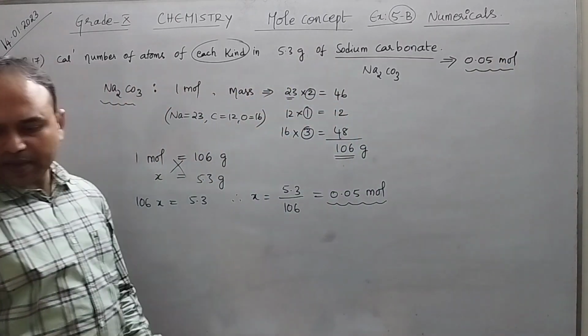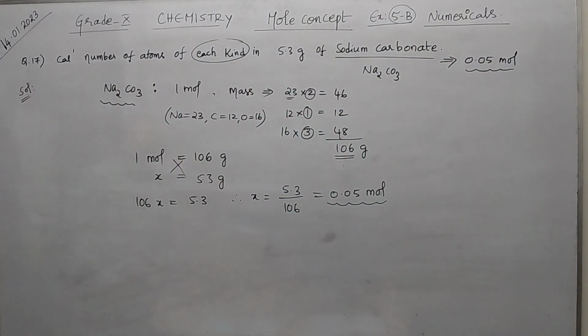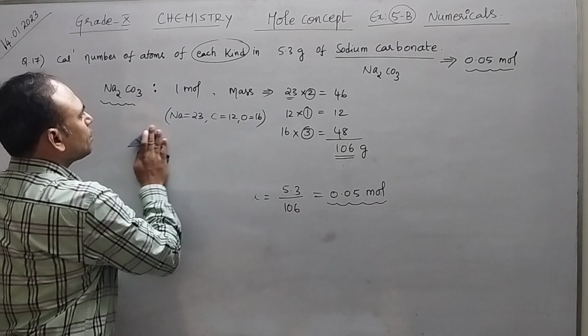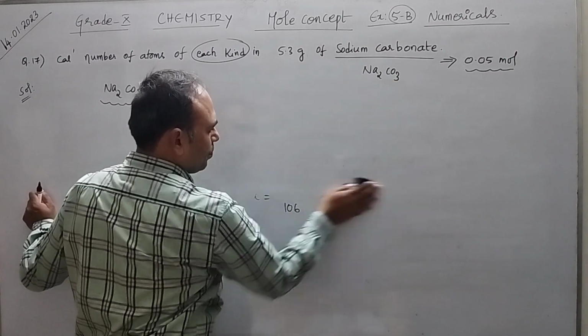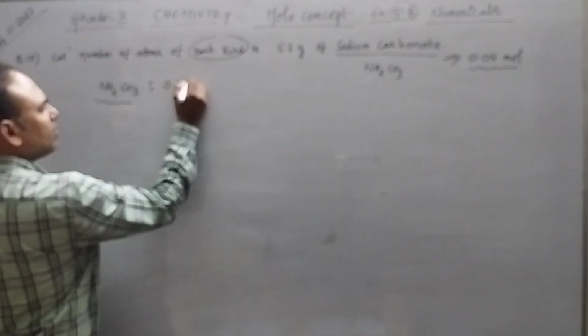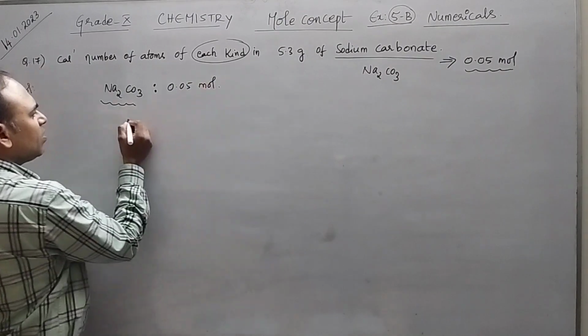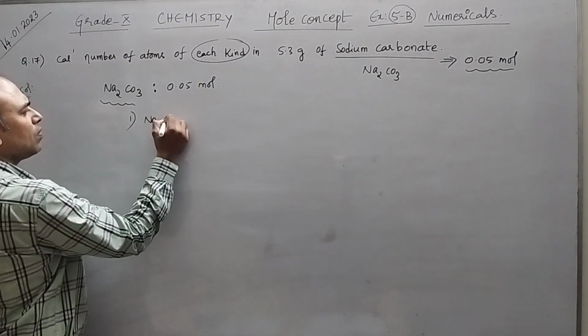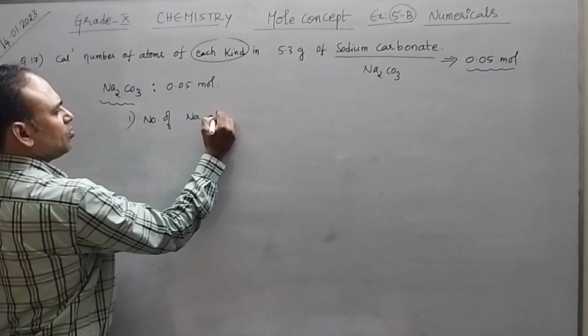First step we have calculated this. Now after calculating this, you need to find out how many atoms are there. Now in sodium carbonate, which is 0.05 mole, first one, the number of sodium atoms.